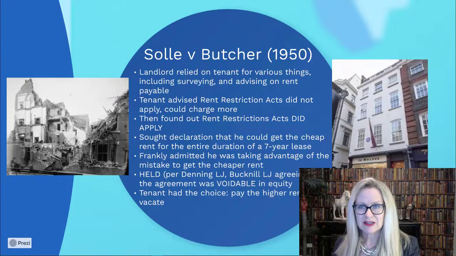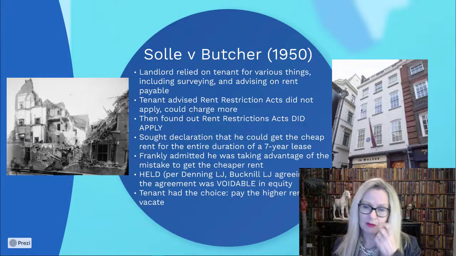Because in those days, you can see the age of the case, a number of buildings in London and in Britain generally were subject to the Rent Restriction Acts, which controlled the amount of rent that was payable for flats following World War II, when flats were at a premium, and they didn't want landlords charging hideous amounts of rent for people in those very austere times.